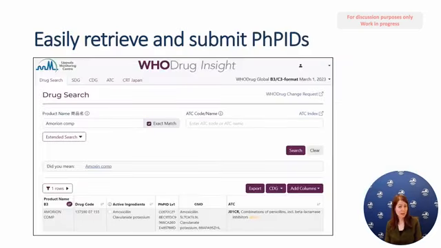We can imagine a future where WHODrug users will be able to browse the dictionary content and easily search and retrieve both pharmaceutical product identifiers and global substance identifiers. On this slide, we have tried to envision what this experience might look like in WHODrug Insight, which is our dictionary browser.